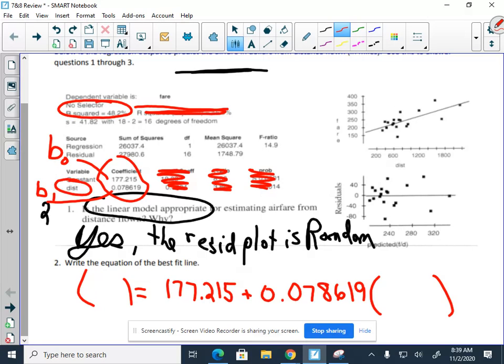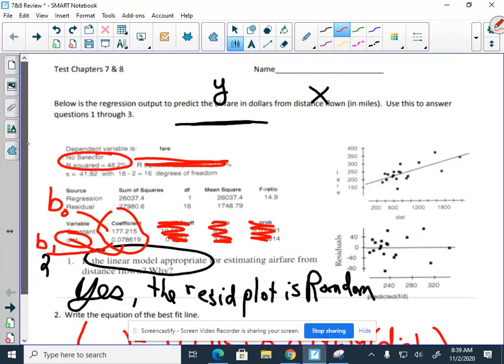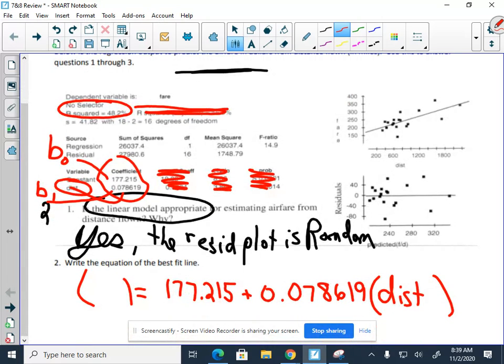But X is always right next to the slope, in reverse order from the way you put it in the equation. So that's distance. We had distance flown was X, and it's to predict the airfare. And we put the hat on it. If you forget the hat, that's not going to be that big a deal, but you should be able to write the equation from that.